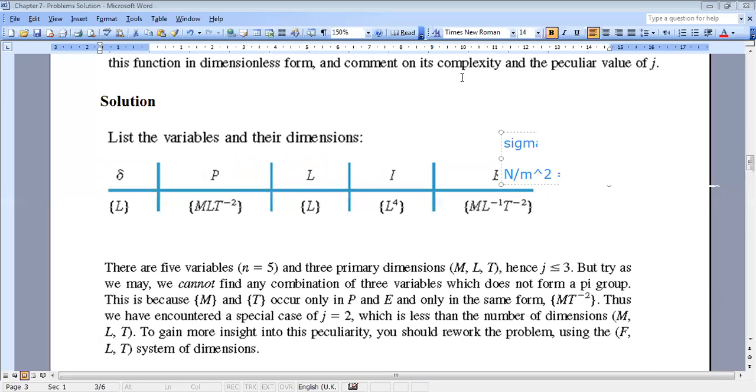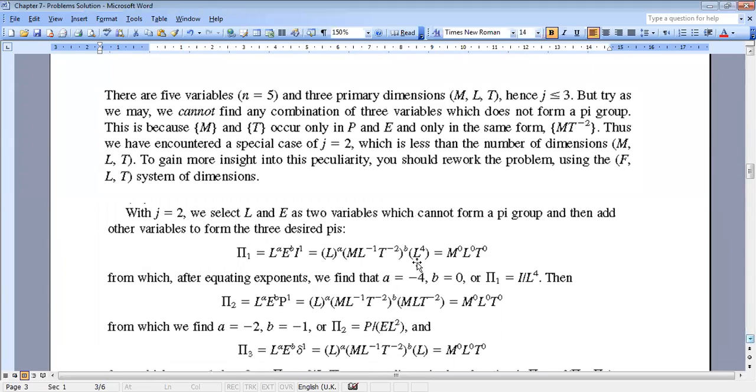Let us see, for example, what they chose. They selected, for example, L and E. Okay? So if we select L and E, because you have the solution here for L and E, I will choose for you other 2 variables.